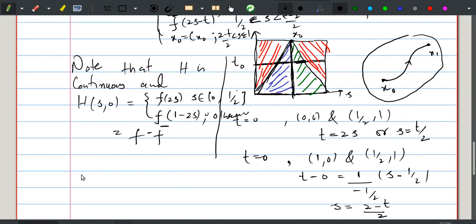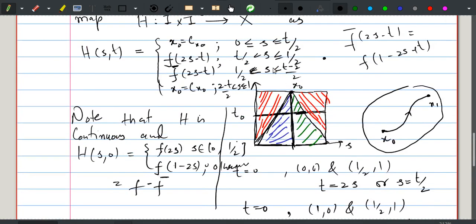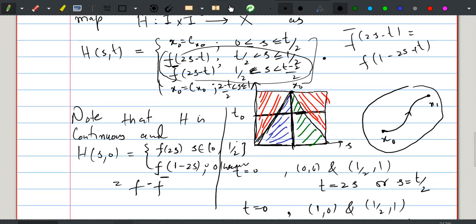And similarly h of s, 1. When we set t equal to 1, these two things are just points, values at points. We get these two things over here, because when t is equal to 1, this is 1 by 2 less than s less or equal to 1 by 2, and this is 1 by 2 less than s less or equal to 1 by 2.